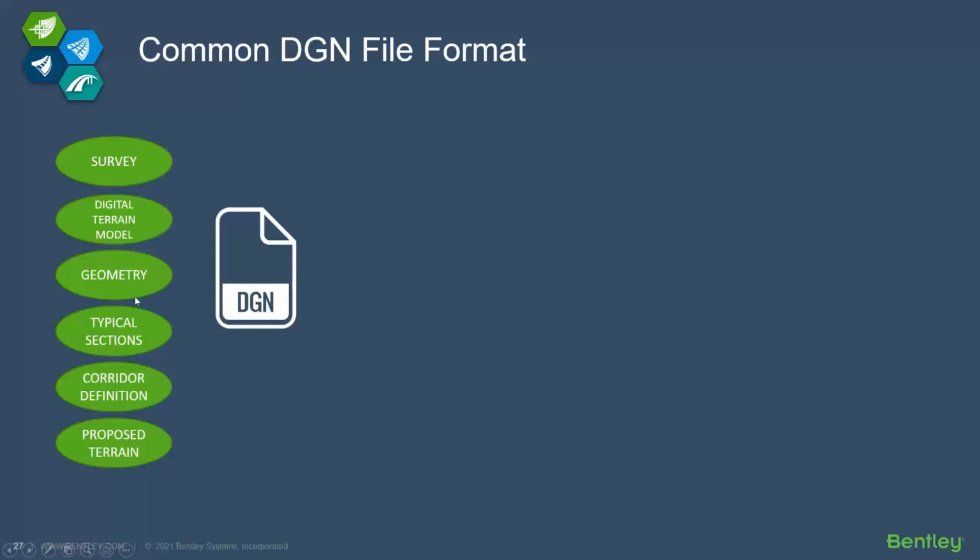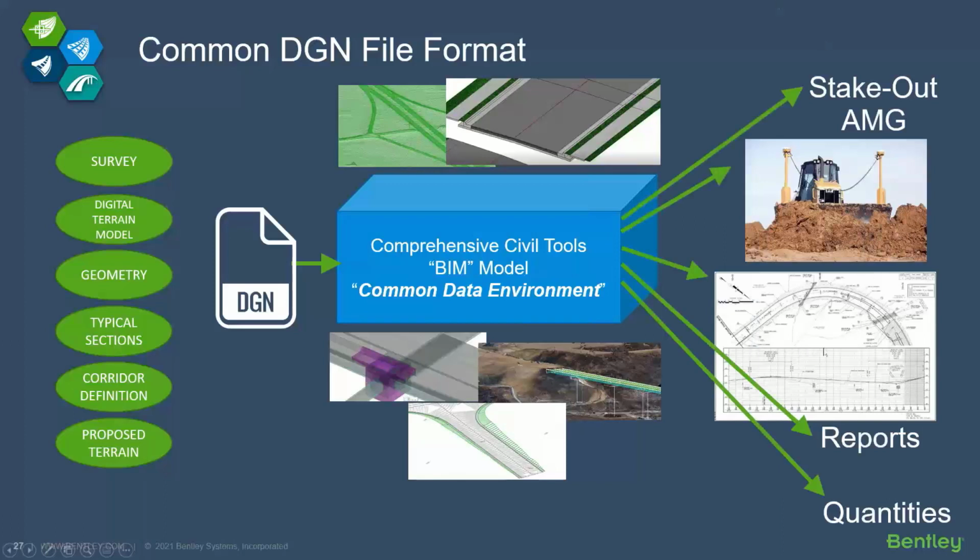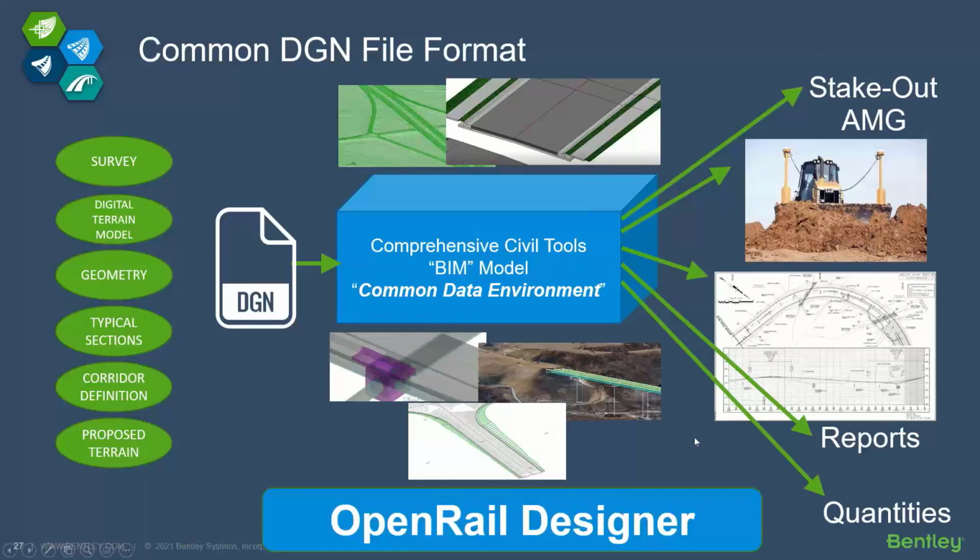So it could be survey, DTM, geometry, even your templates or other formats of terrain models. So all in a DGN so that you can create an information model that has common data and then output it into different formats. So all using OpenRail Designer. Okay, so that's number one.